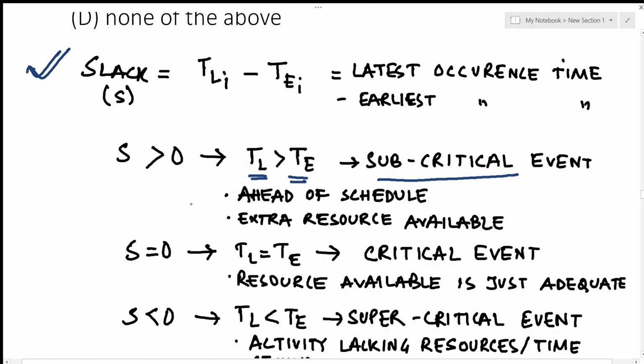In cases of subcritical event, the activity is ahead of schedule, or the project is ahead of schedule, and extra resources are available in this particular case. For slack equal to 0, TL is equal to TE, which is also known as a critical event. Now over here the resources available are just adequate, just enough so that work could progress on time.